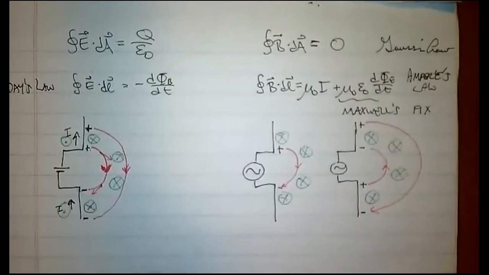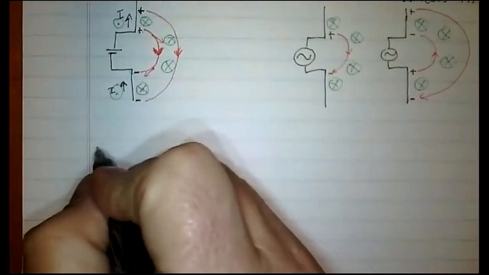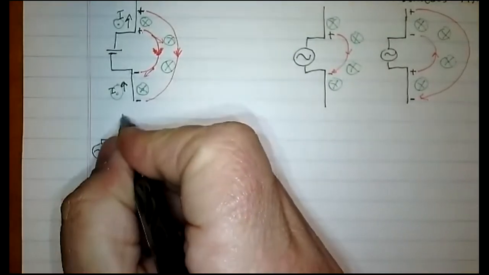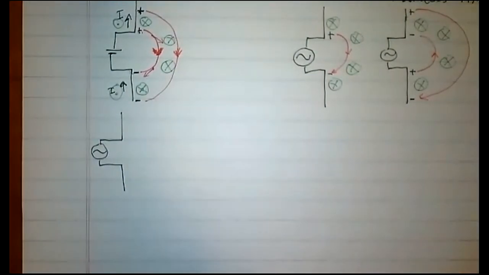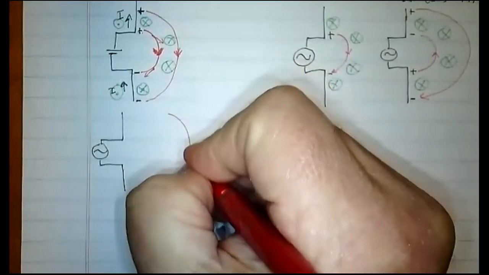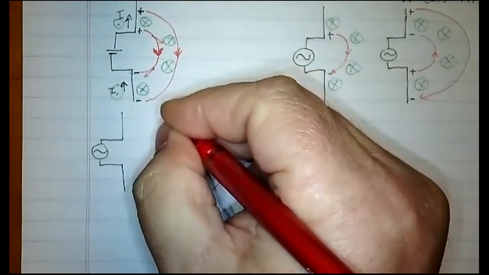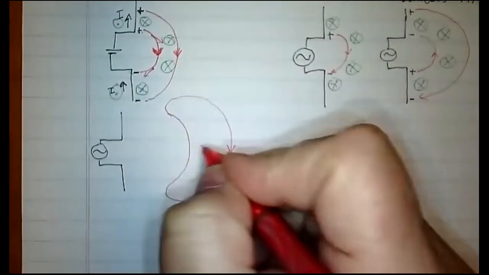And what I'll eventually get is yet another setup. So now let's draw yet a third point in time. And now what I have is, and notice this electric field is moving this way.